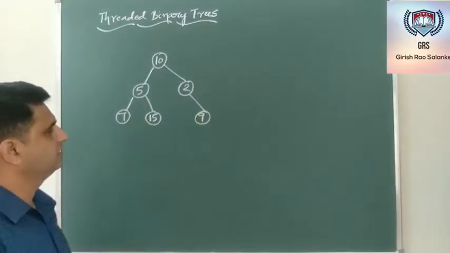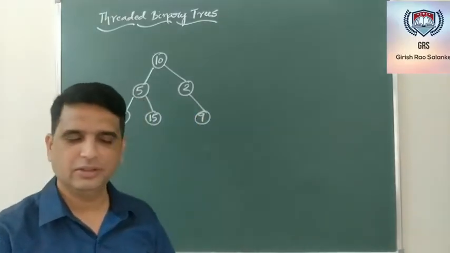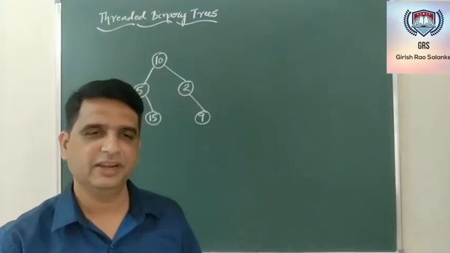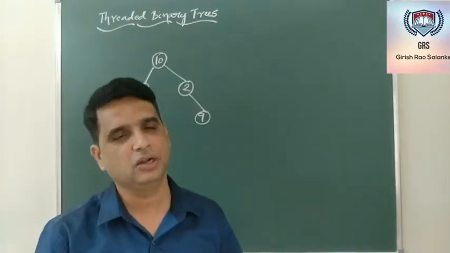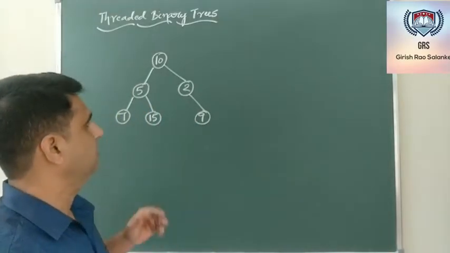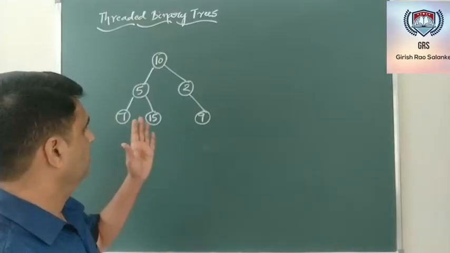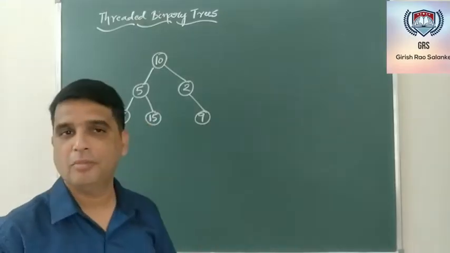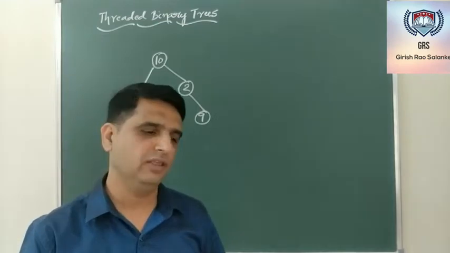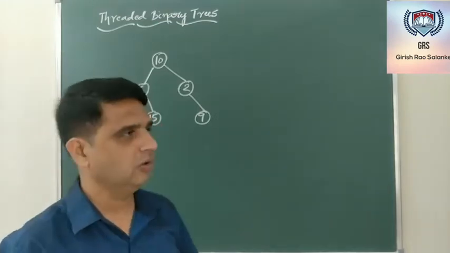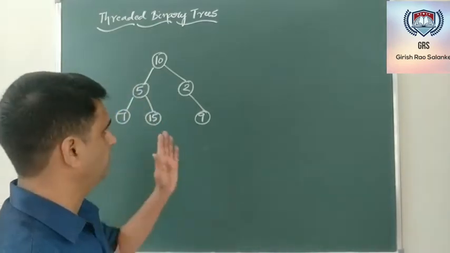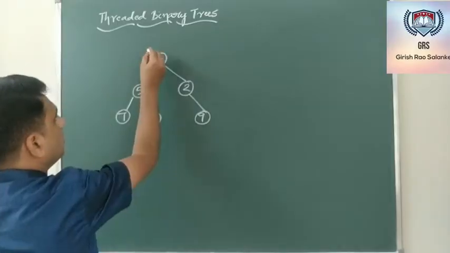Now this is a binary tree. We know that the definition of a binary tree states that each node can have a maximum of 2 children. This binary tree can be represented in the form of an array or in the form of a linked list. So let me go for the list representation of this particular binary tree.